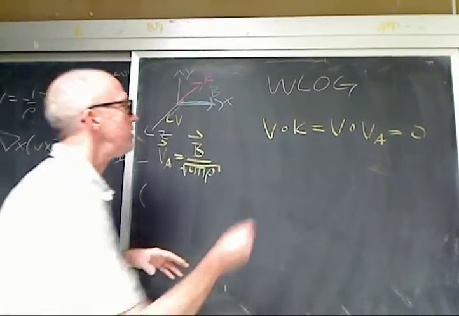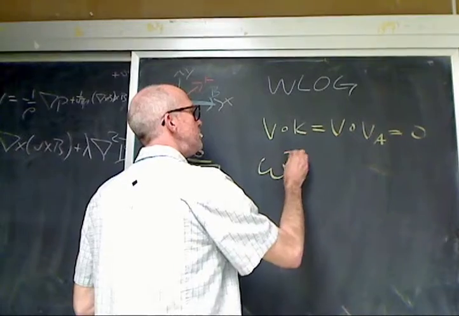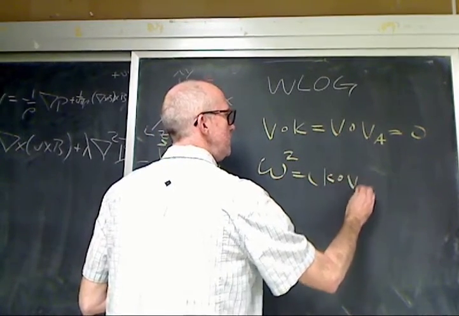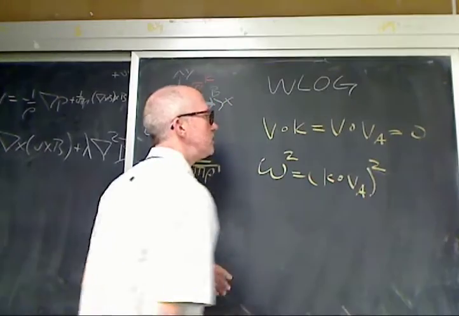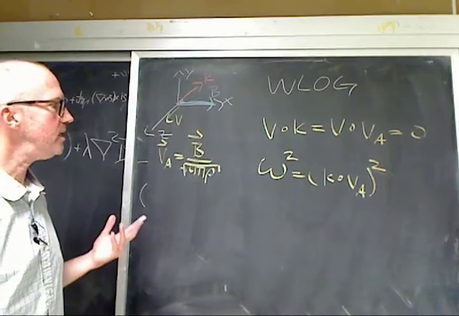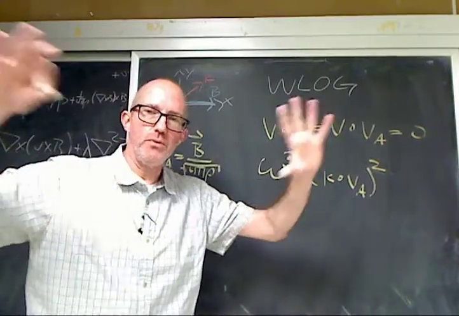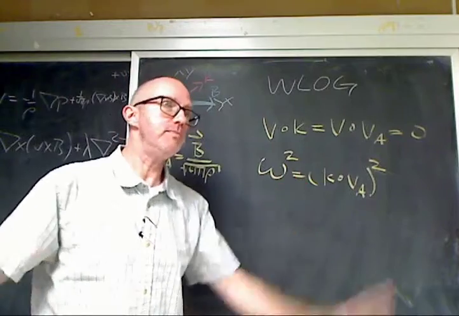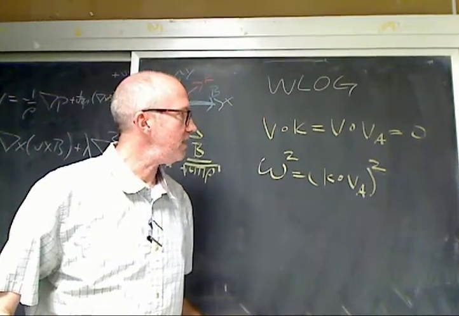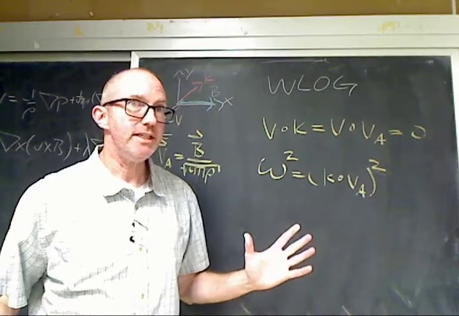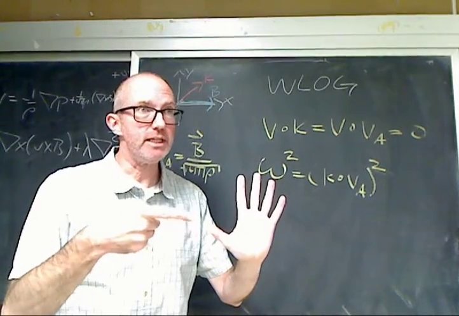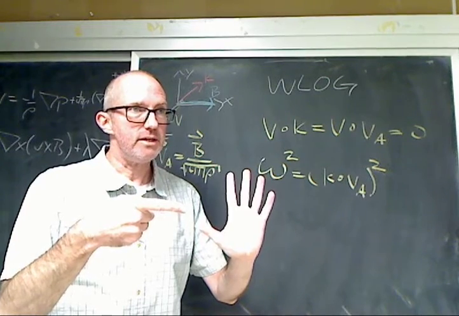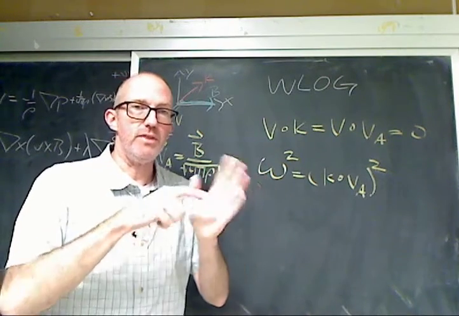So if we make this assumption, then the dispersion relation simplifies to this nice relation, omega squared equals K dot VA squared. So what does this really mean? This means that if I have, say, I filled the room with springs, and they're all going in one direction, and I flick all of them at once, if I perturb it in that direction, perpendicular to the field, then the wave will travel in that way.